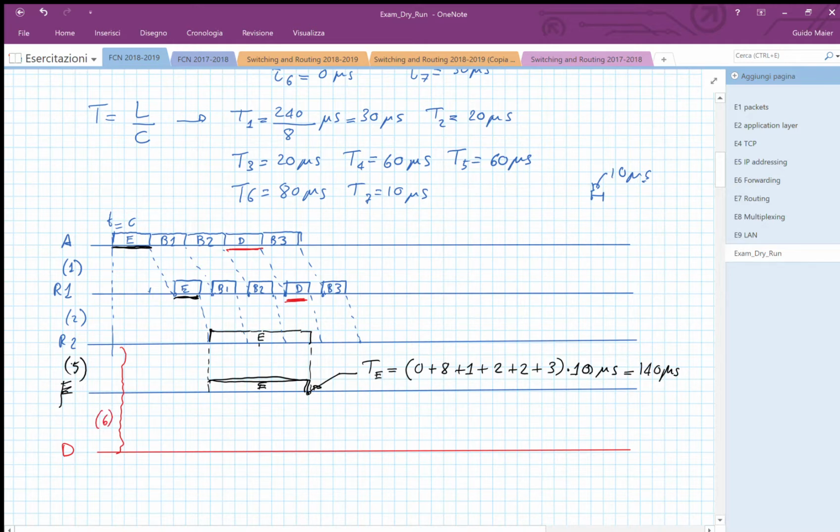And the transmission starts in the moment that R2 has received completely the packet for D.